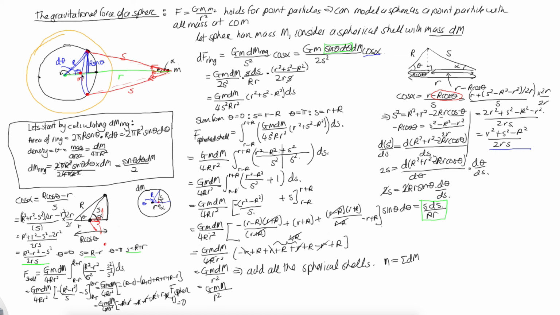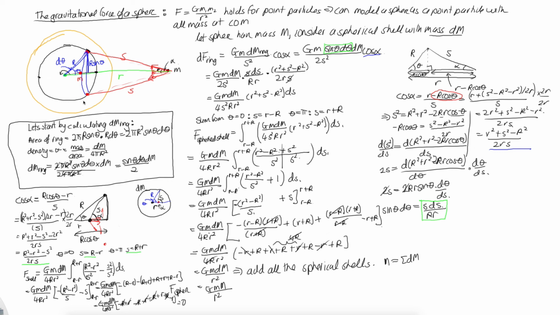And so when we're considering the gravitational force on any point inside a sphere, it's only affected by the mass inside it, not by the mass outside of it, which kind of makes sense intuitively, because if we consider this point here, then this part of the sphere is closer to it.